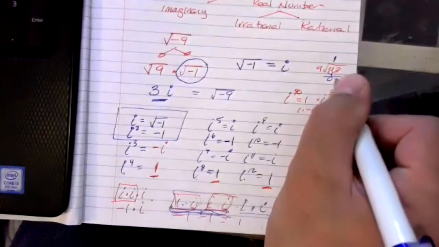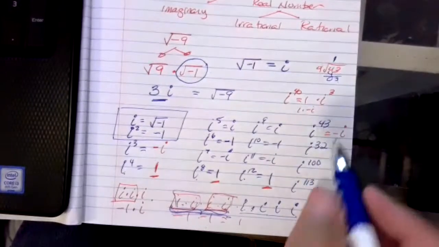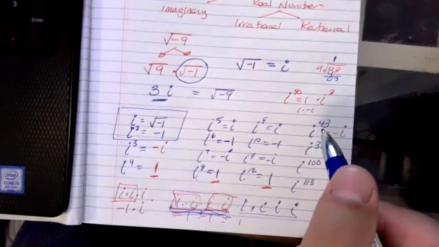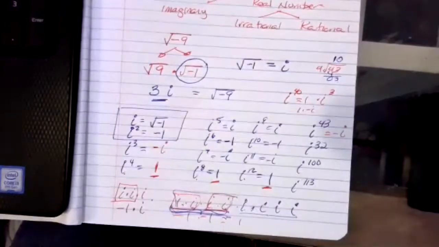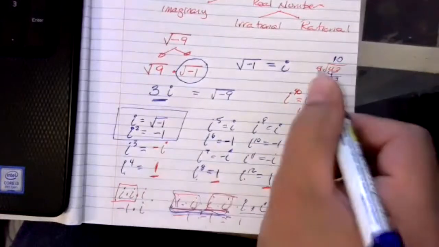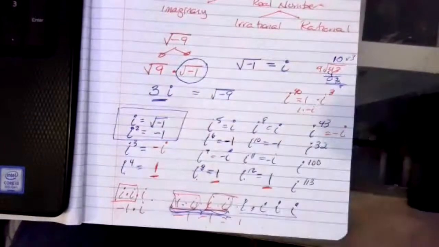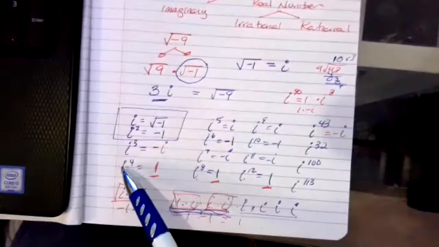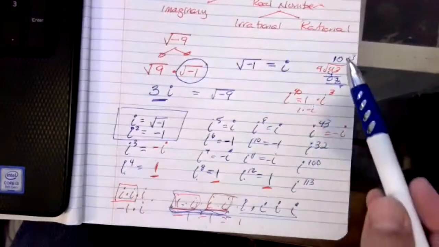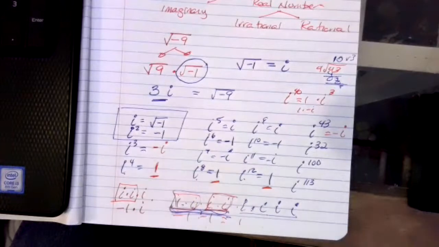Then you bring down the 3, and 4 goes into 3 zero times. And 0 times 4 is 0. So you have a remainder of 3. That remainder will always be your exponent of i. So here we had a remainder of 3, so it's going to be i cubed, or rather negative i.